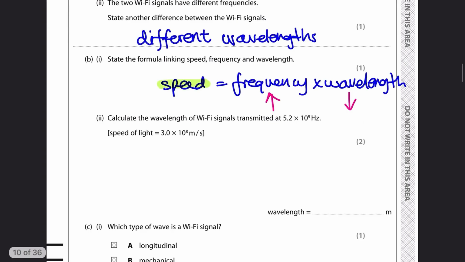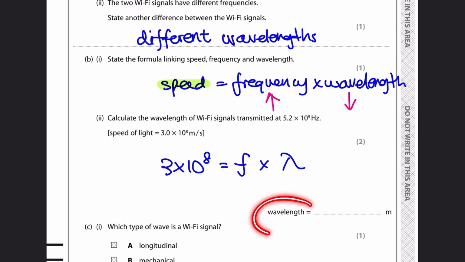Next part, calculate the wavelength of Wi-Fi signals transmitted at 5.2 times 10 to the power of 9 hertz. So let's use that equation basically. The speed is 3 times 10 to the power of 8. So 3 times 10 to the power of 8 equals frequency times wavelength. Now, please rearrange to make what the subject. What are you trying to find here? You're trying to find the wavelength. Therefore, wavelength should be the subject.